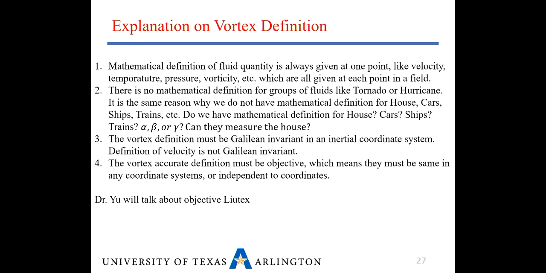When we talk about mathematical definition, we only talk about one point. If your definition does not stand at one point, how can it define the whole group? That means the definition must be correct at one point as well.